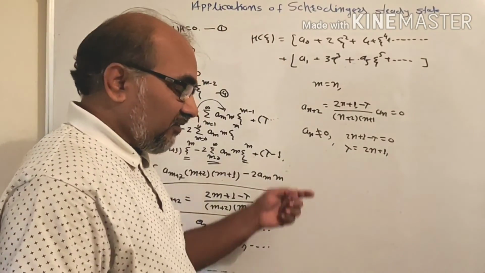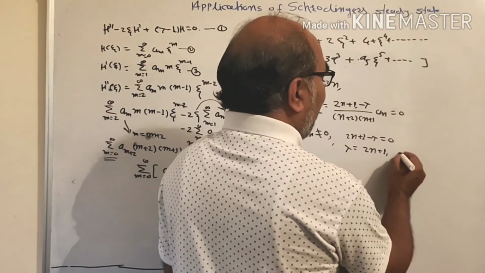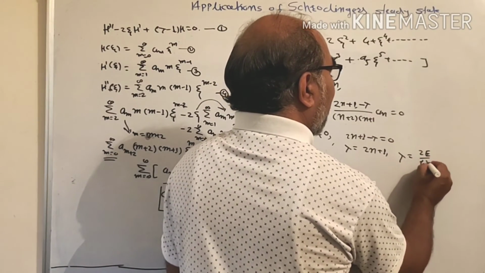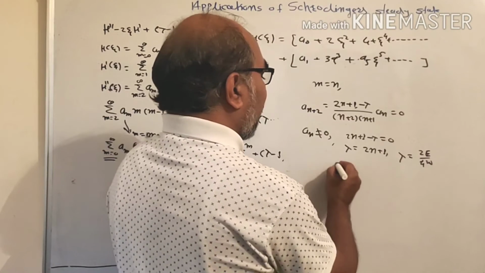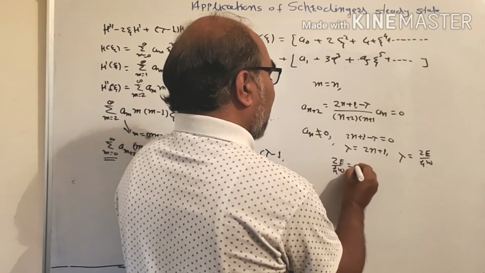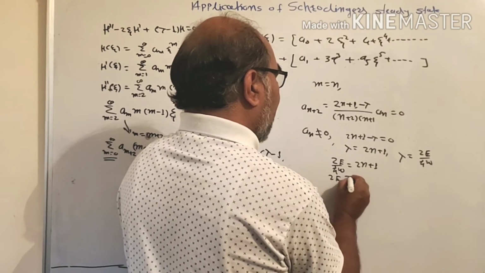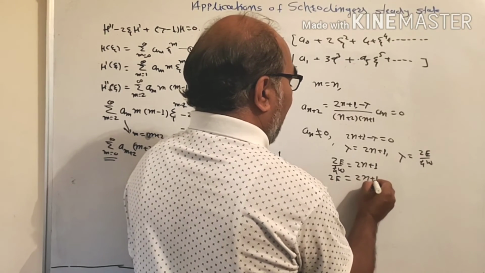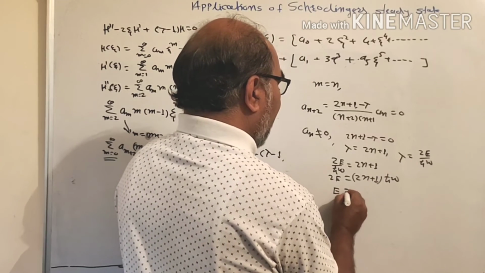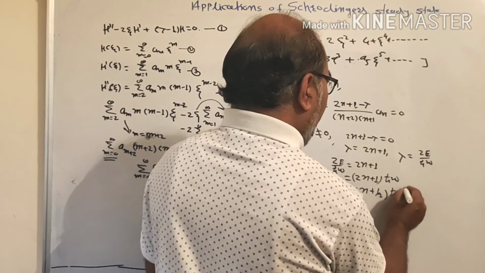Before, we have known that the value of lambda is equal to 2E divided by h cross omega, and therefore 2E divided by h cross omega is equal to 2n plus 1, so 2E is equal to 2n plus 1 times h cross omega, and therefore E is equal to n plus 1 half h cross omega.